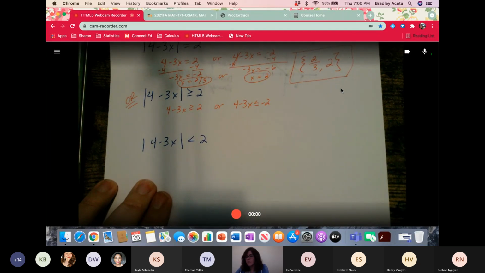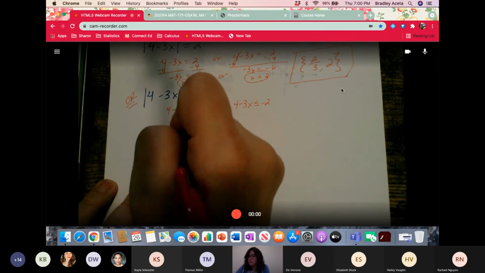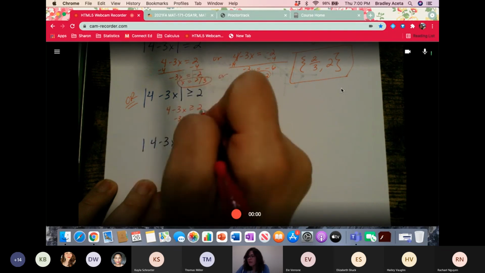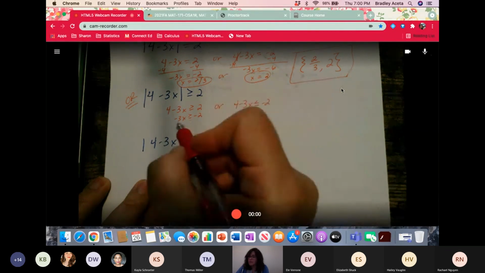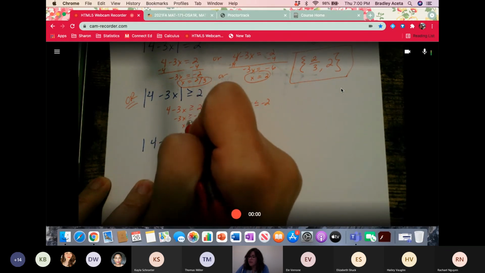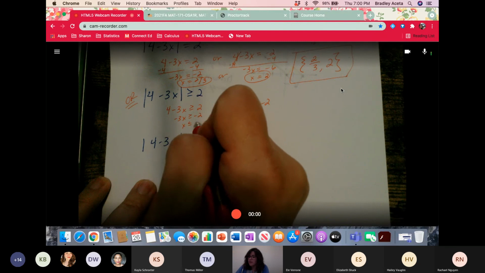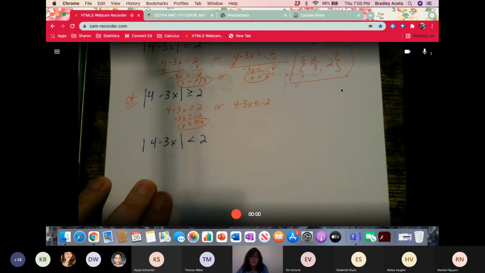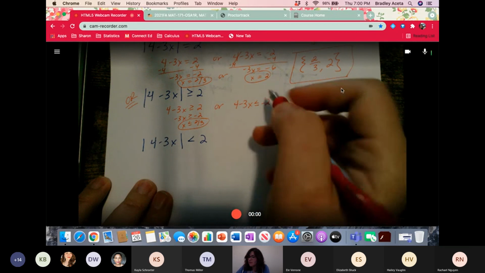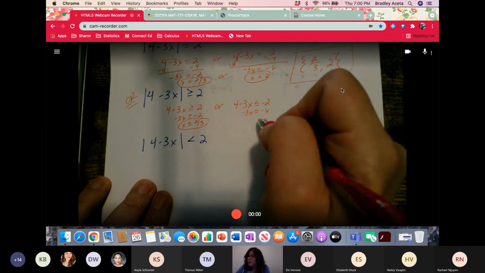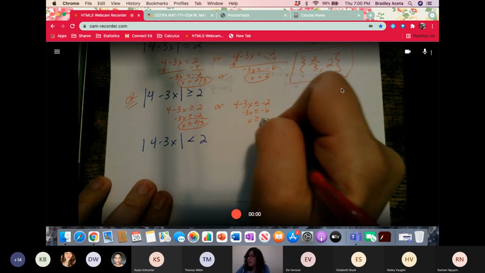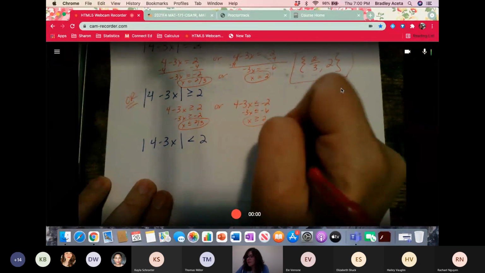And then solve. Minus 4, we get negative 2, and then divide by a negative, you have to flip the inequality again, so x is less than or equal to 2/3. This one, I minus 4, I get negative 3x is less than or equal to negative 6. Divide by negative 3, x is greater than or equal to 2, because you have to flip it.